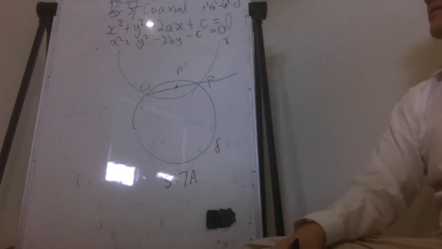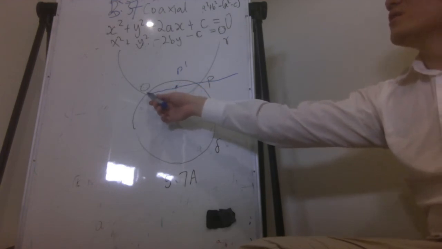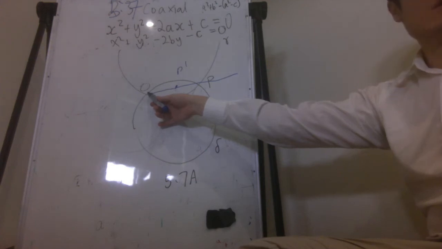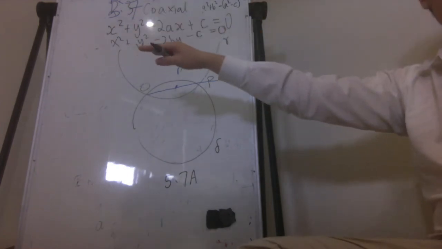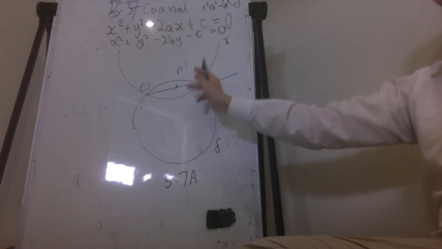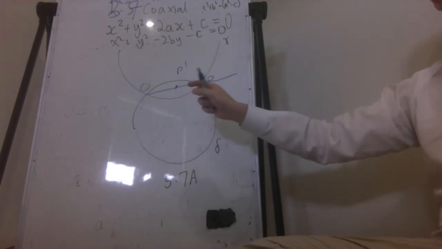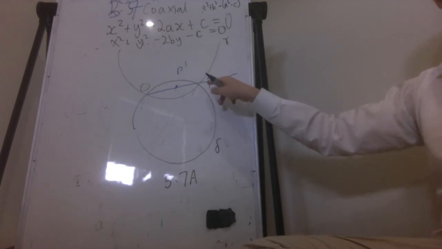If you invert a circle that passes through the center of the circle you're inverting with, then the image of that circle will be a straight line. Both of these circles satisfy that, so they'll both be straight lines, and both have a common point P, so they're going to have a common point P prime in their image.